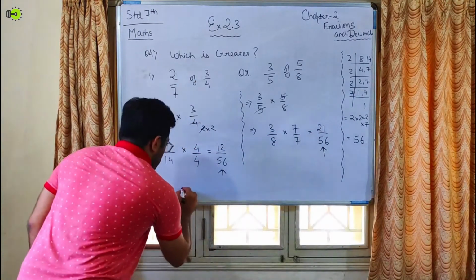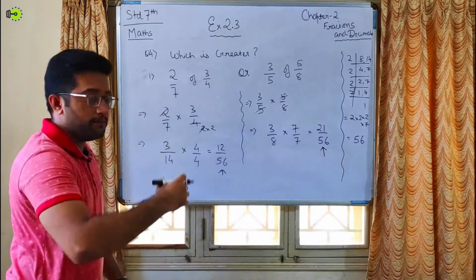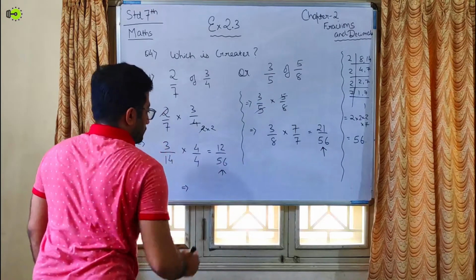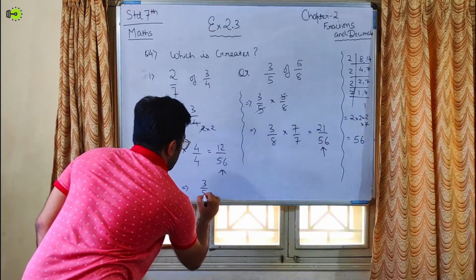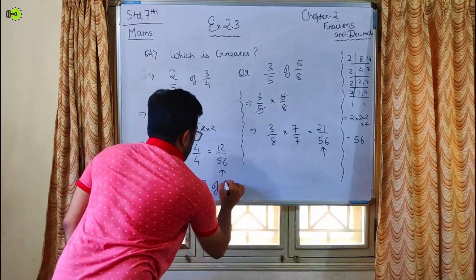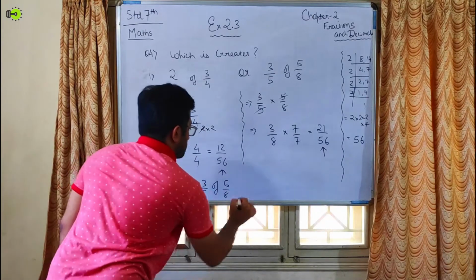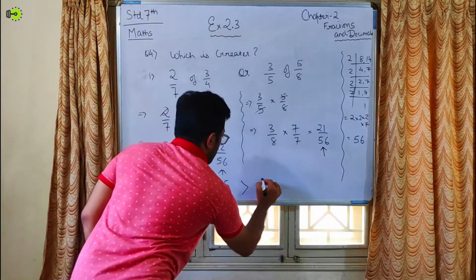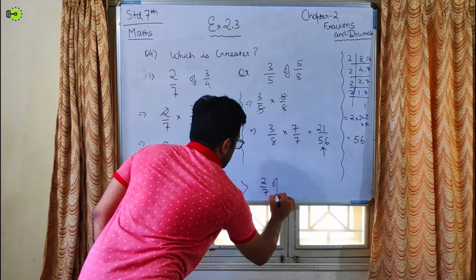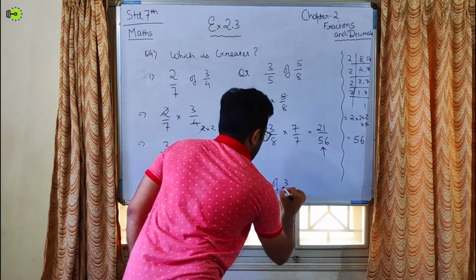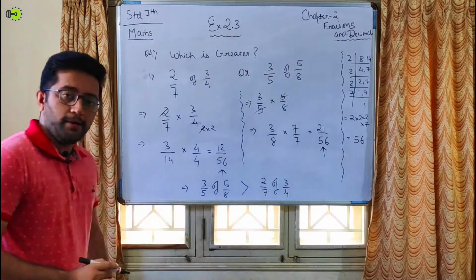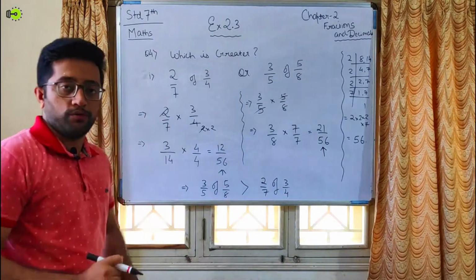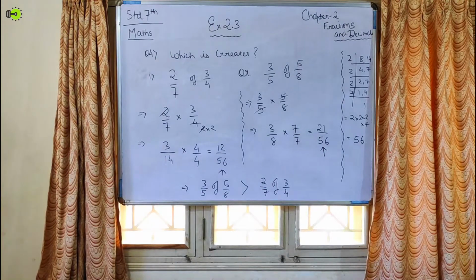So at the end of the sum, we will write down the conclusion, that is 3 by 5 of 5 by 8 is greater, okay, we'll put the sign of greater than 2 by 7 of 3 by 4. Okay, so you need to try the second part of the question number 4 on your own. So please take a note.